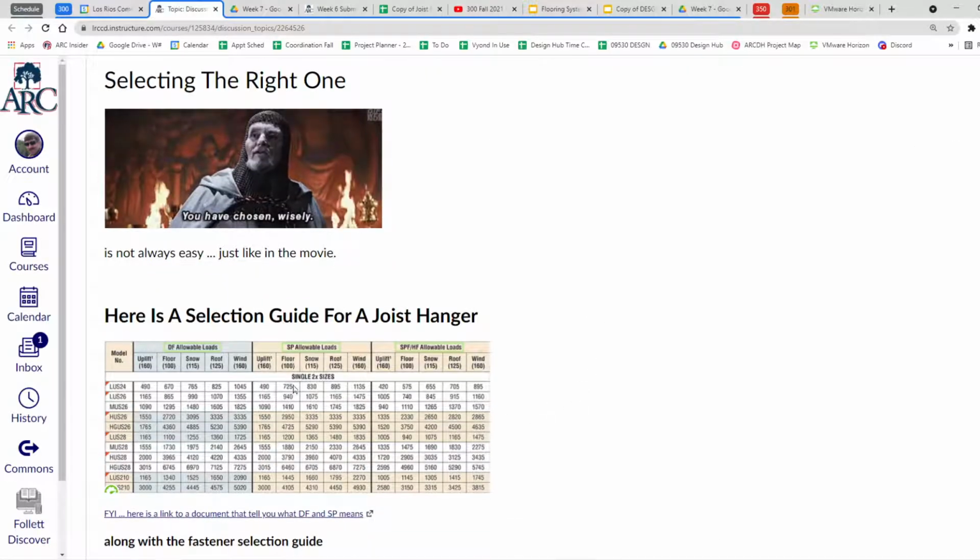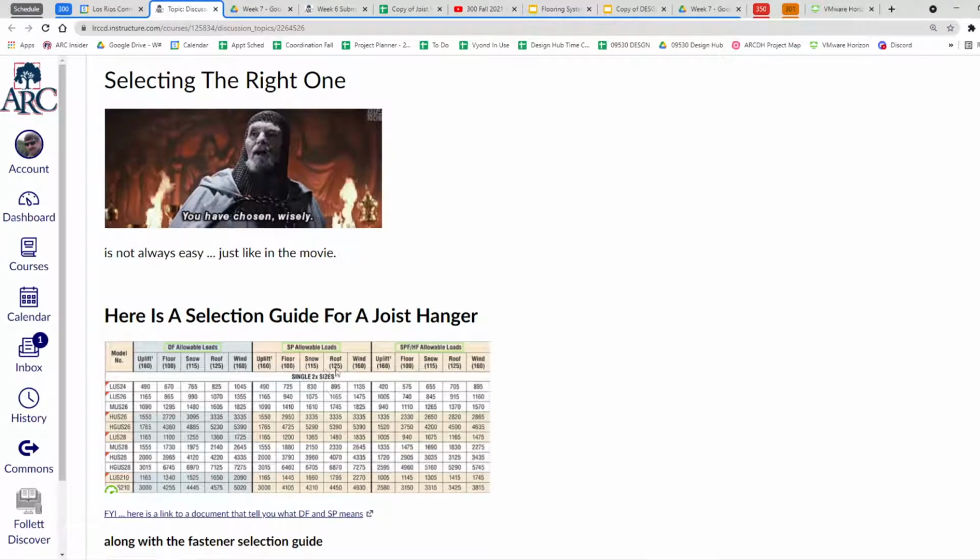And so here's a joist hanger selection guide from Simpson Strong-Tie. And you look at it and you go, "Oh, what does all that mean, and how do I do them?" The thing I want you to look at here is, what is DF allowable loads, SP allowable loads.